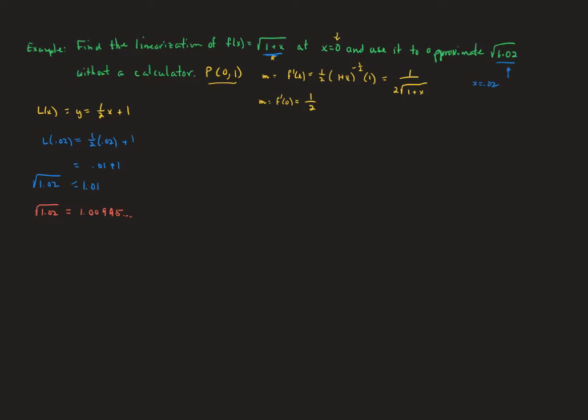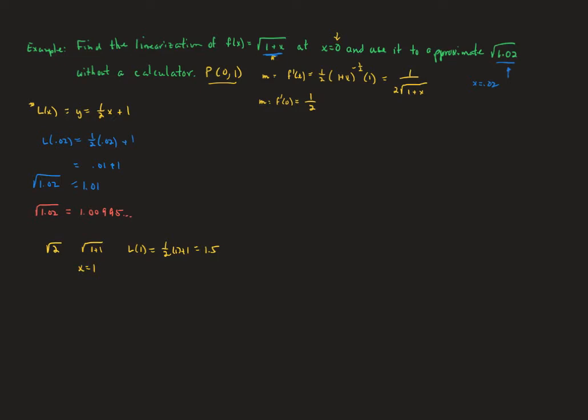If we wanted to use that to approximate the square root of 2, that would mean this is the square root of 1 plus 1, so our x value would be 1. If we do our linearization and put in 1, we're going to get 1/2 times 1 plus 1, which is 1.5.